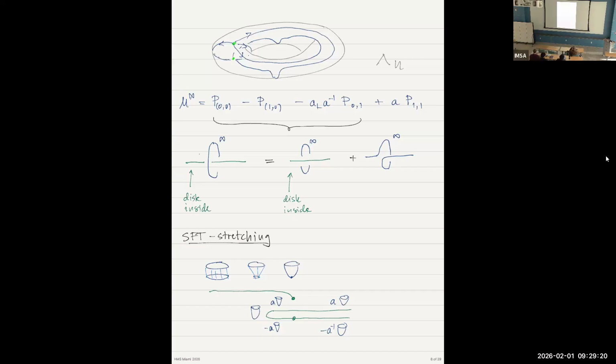So there is some kind of magic moment somewhere before it goes away, where you see a -1 disk born, right? So it's a non-transversely cut out disk that then bifurcates into 2 disks. I mean, this happens all the time in this business. So you see these two, and I mark them A times some disk and -A times some disk. And then in this moduli space, you have two one-dimensional manifolds, and one of them just happily moves on.